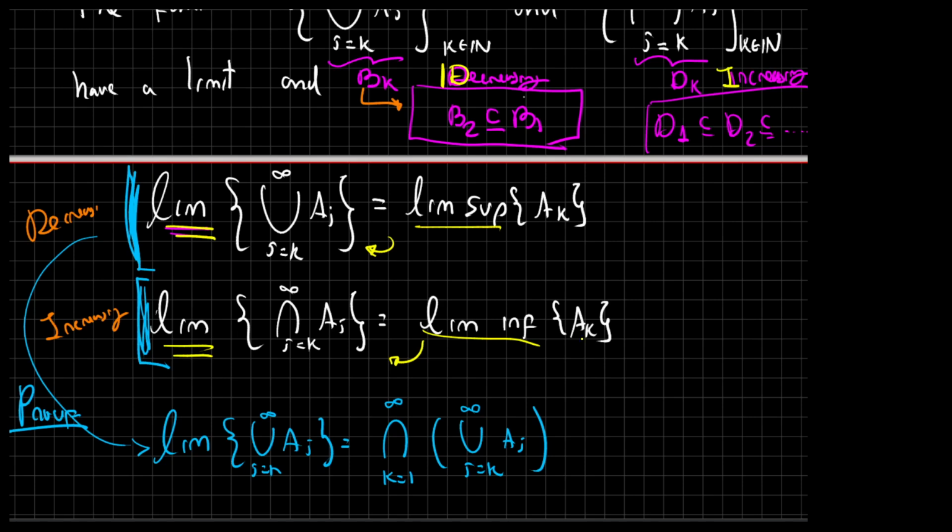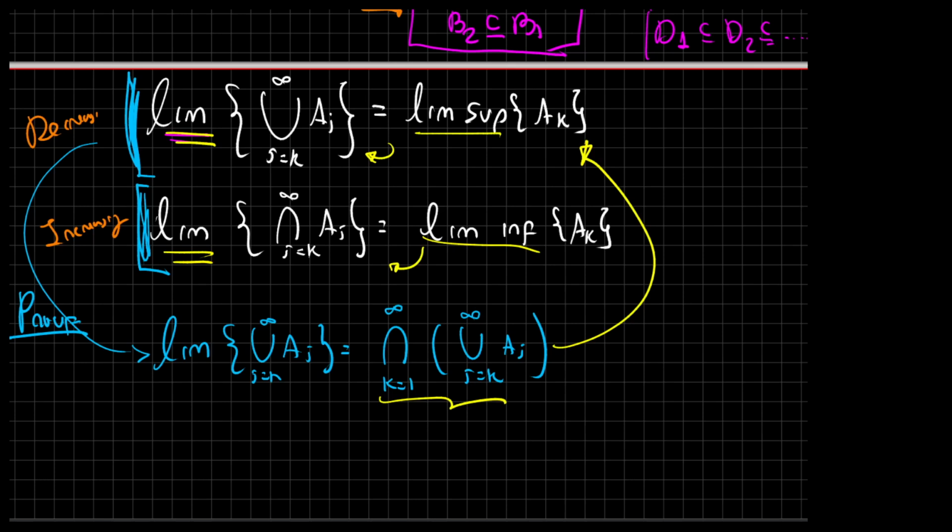But this is the definition of the limit of the supremum. This is just the definition. And then for the increasing sequence, the previous proposition tells us that the limit of any increasing sequence is equal to its union.